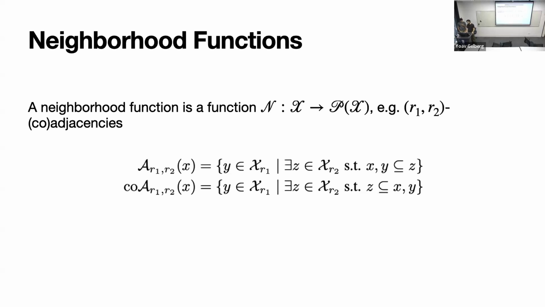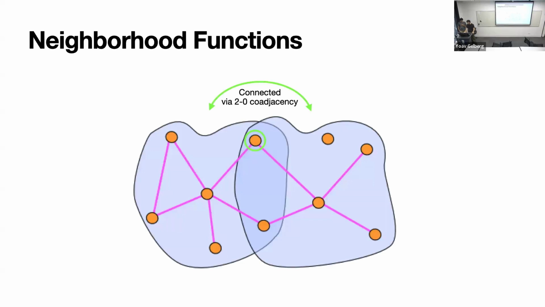And the adjacency and co-adjacency can have a specification of the ranks of cells that are either contained or are contained in the 2 cells respectively. If that wasn't super clear, let's look at some examples to better illustrate.